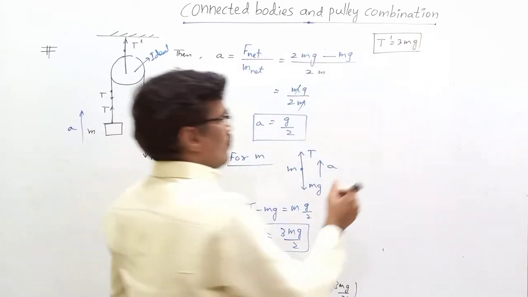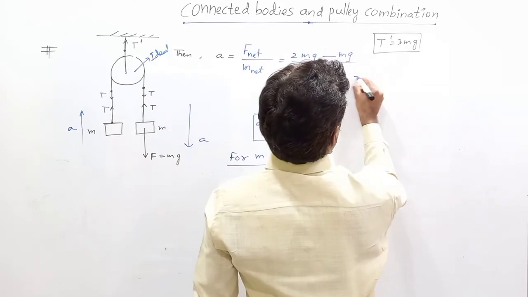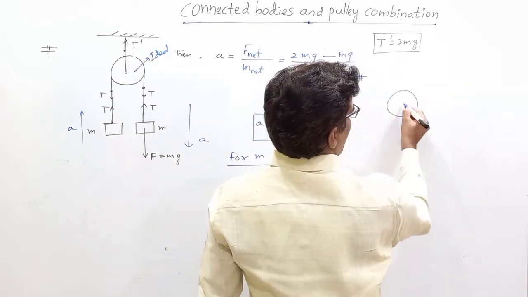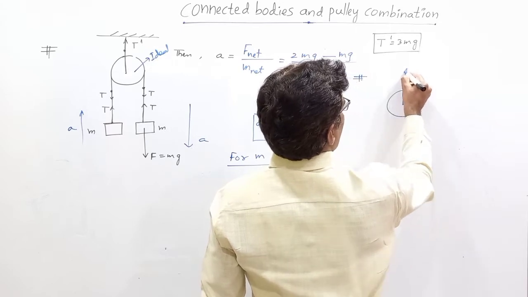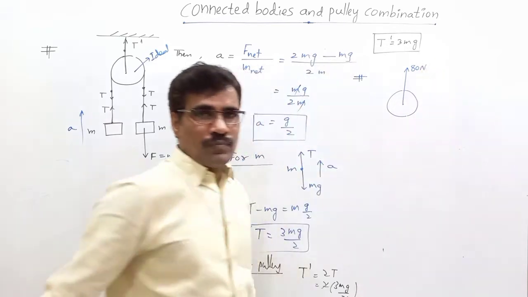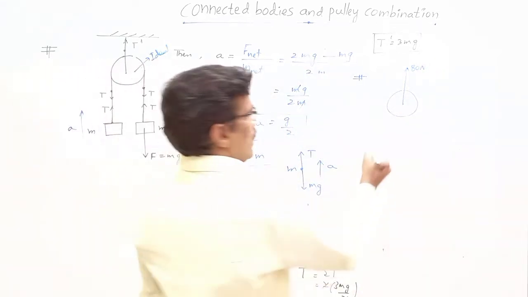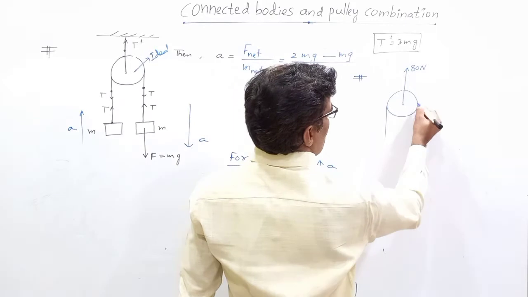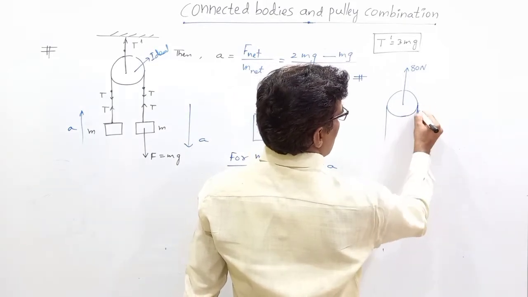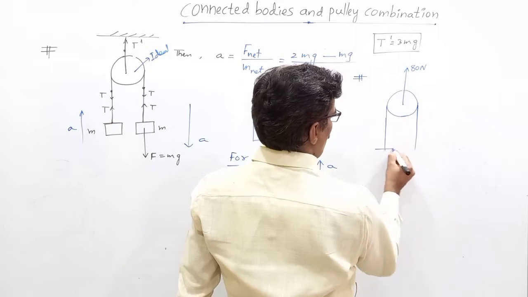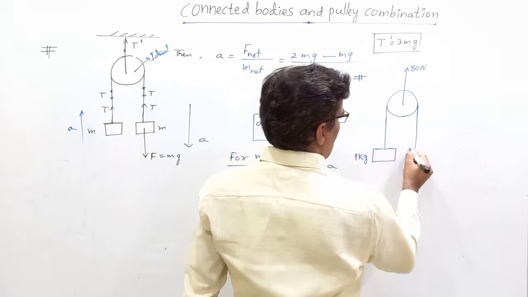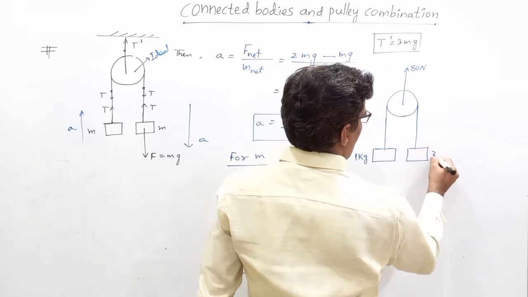Next one is the most important. Listen carefully. Here it is a pulley. The pulley is pulled by a force vertically upward of 80 Newtons. A string is passing over the pulley, and at the ends of the string there are two blocks, one 1 kg block and another 3 kg block.